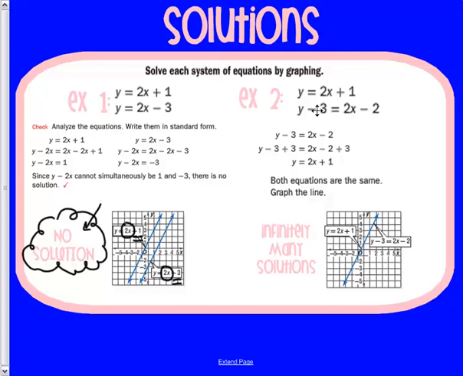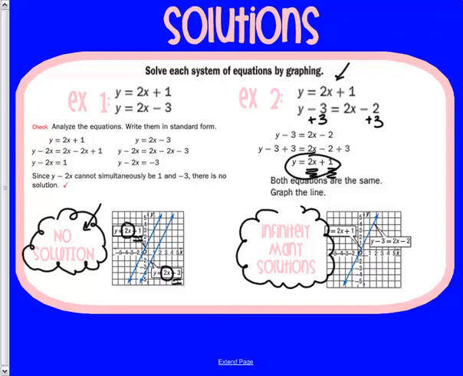For this one, they have the same equation. This one was put into slope-intercept form, and this one was in standard form. If I add 3 to both sides, I get the exact same equation. So if they have the same slope and the same y-intercept, then they're the same line, which means every single point on that line will work.